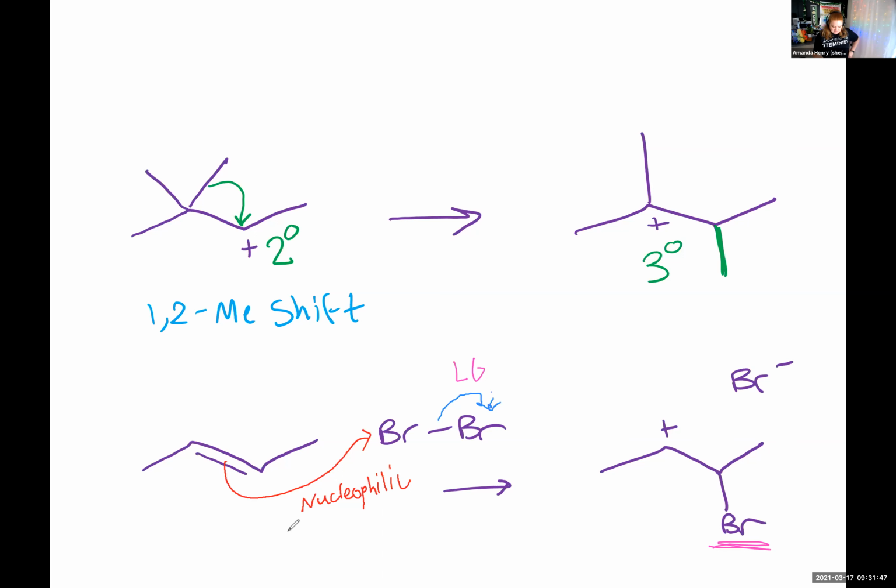So this arrow is a bond forming between the carbon and the bromine. And the other carbon ends up with a positive charge because it lost its electrons, it lost the bond. And then the other bromine takes those electrons with it. So we could fill in some lone pairs here. But our other bromine ends up as a bromide, a negatively charged bromine on the side.